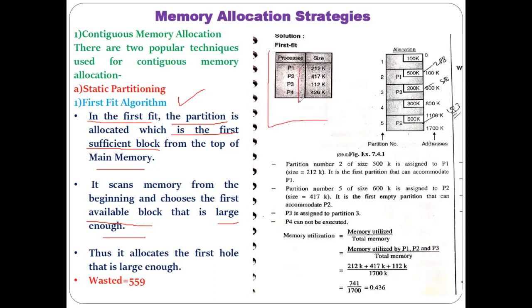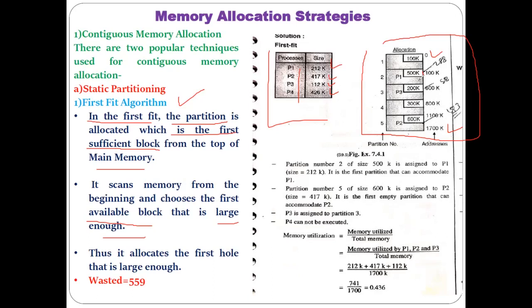Suppose there are four processes P1, P2, P3, P4, with sizes 212, 417, 112, and 426. The block of memory given here has a size of 1700K, and it is pre-divided into partitions: 100K, 500K, 200K, 300K, and the last one 600K.